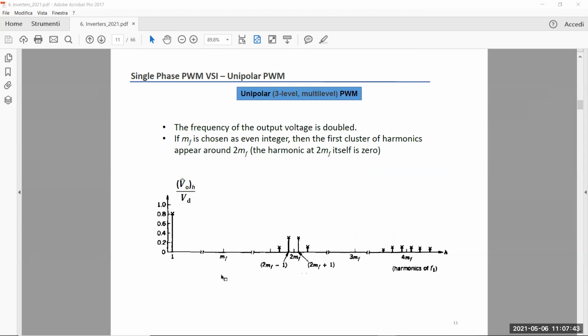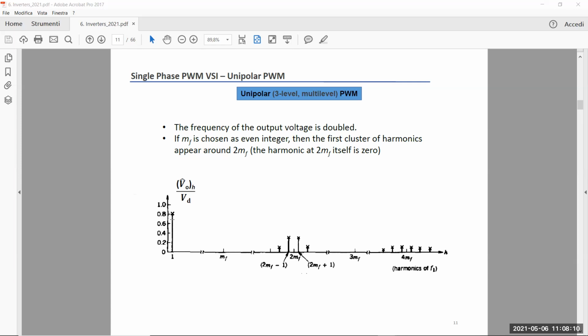The axis is scaled with F1, so it is F over F1, exactly the second scale I explained before. So we have the harmonic whose amplitude is 0.8. 0.8 means that my amplitude modulation factor MA is 0.8, so 80% of the dynamic of the triangular voltage is occupied by the control voltage, for example.